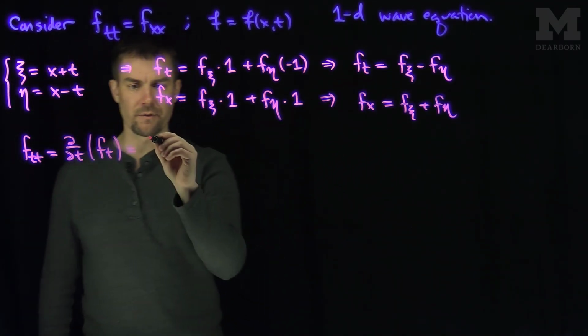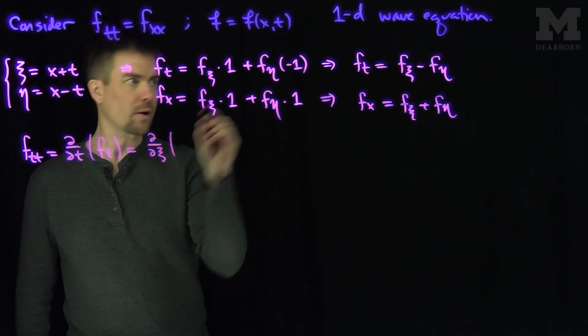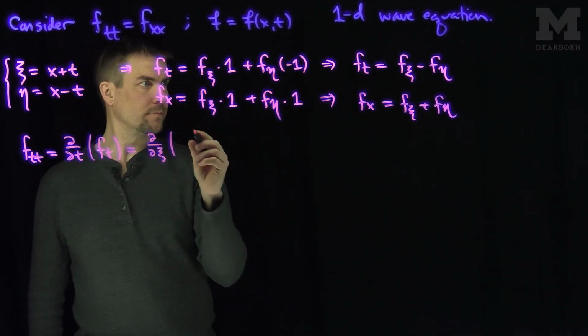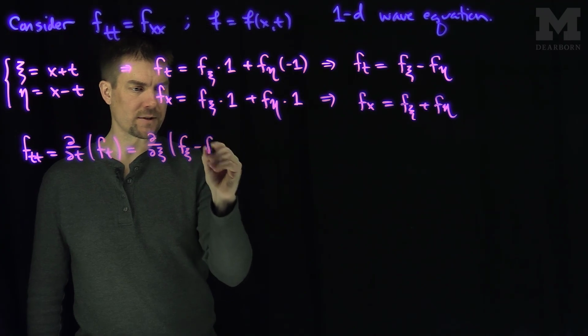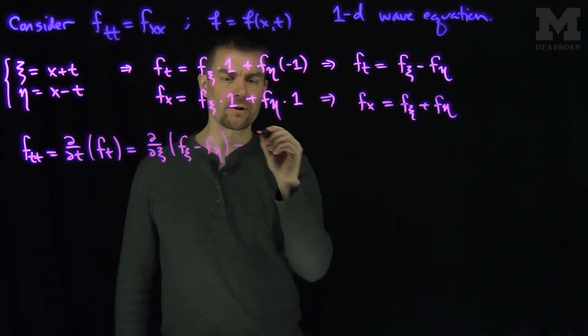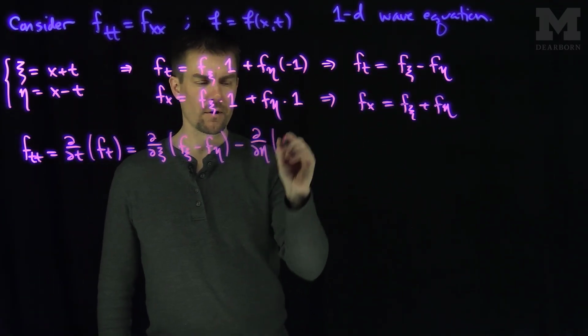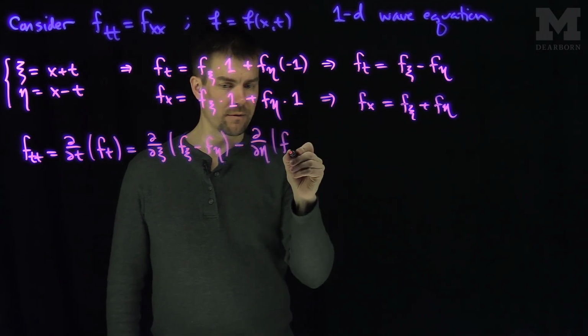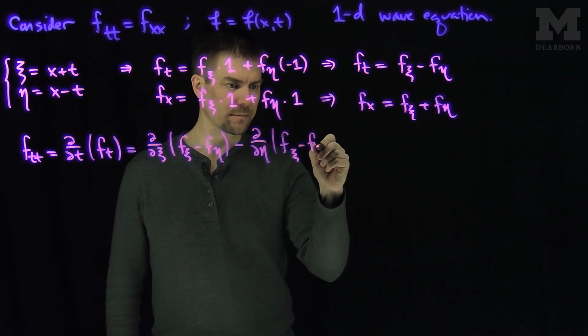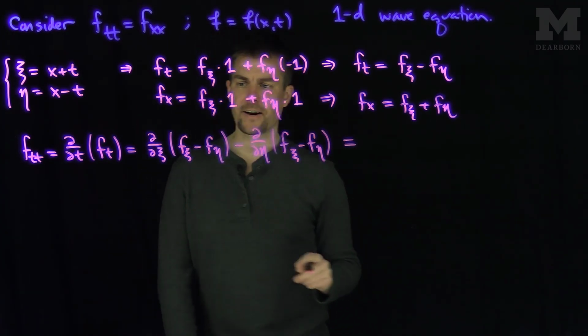Well, I'm going to do a xi derivative of the t derivative, f_xi minus f_eta, and I'm going to subtract off an eta derivative of the t derivative. So if we simplify, that's what we get.